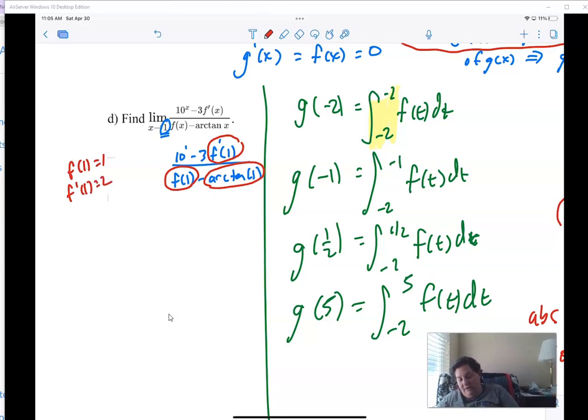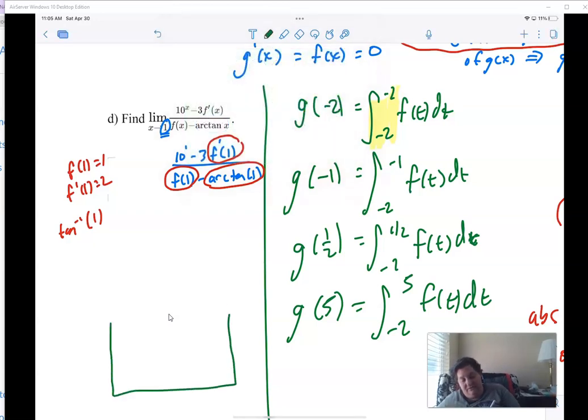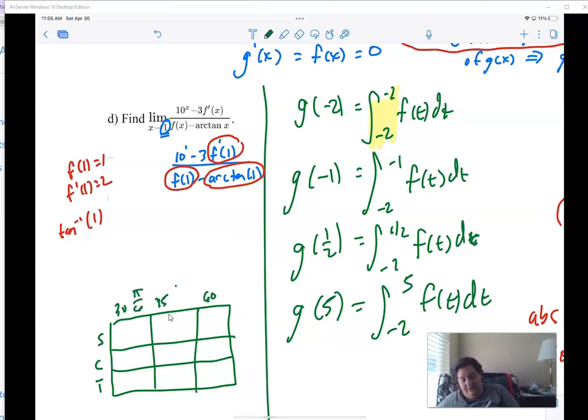Now I need to figure out what arctan of 1 is. Sometimes we write it as inverse tan. You know your best friend chart? We love our best friend chart. We have this whole green chart that you can't take on the AP test day, so you're going to have to make it. Sine, cosine, tangent. Show you how fast I can make this, though. 30, 45, 60, pi 6, pi 4, pi 3.